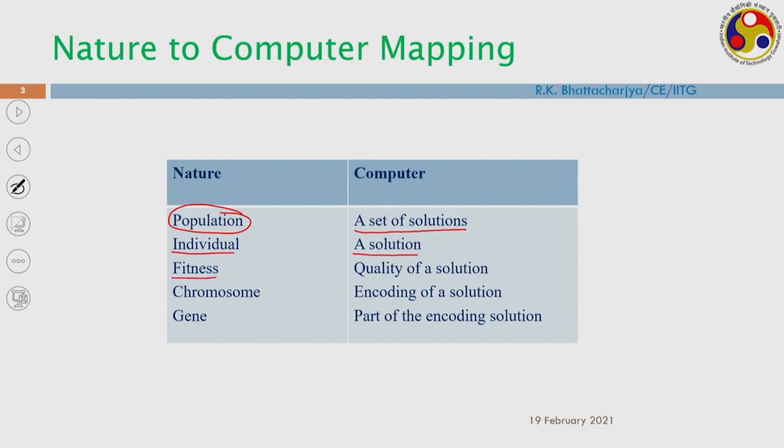Then fitness is nothing but the quality of a solution. Here we have the chromosome, which is the encoding of a solution. In case of binary coded GA, you are converting it to binary bits. And what is a gene? It is a part of the encoded solution. So, we are using this nomenclature.